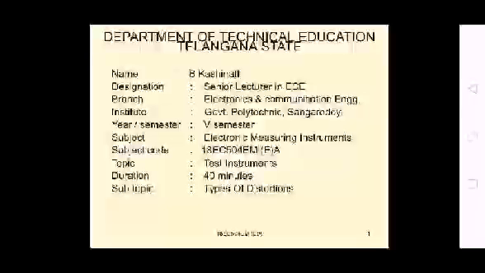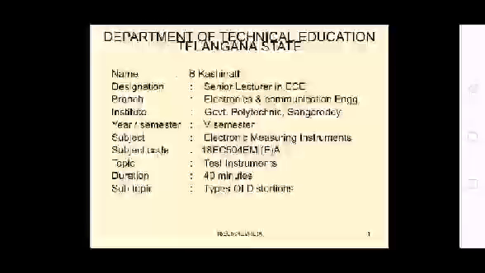My institute is Government Polytechnic Sangareddy, and the subject I am going to teach is Electronic Measuring Instruments, which is in third year, fifth semester. The subject code is 18 EC 504 EMI, and it comes under the elective subjects of the third year fifth semester.